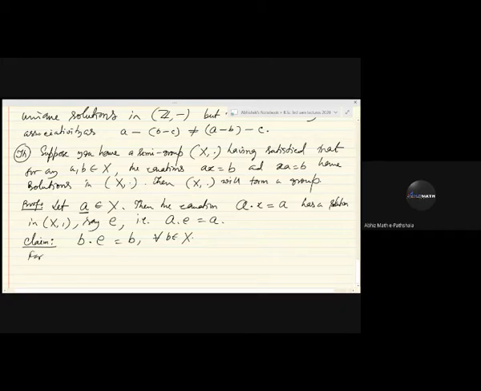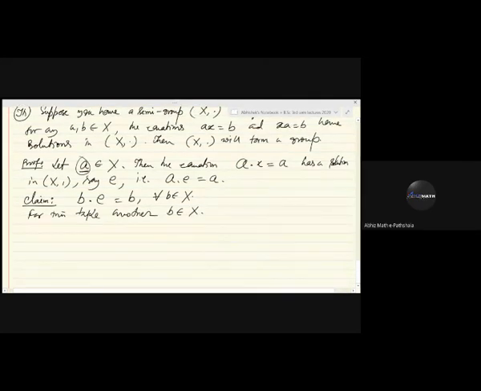So for this, take another element B belongs to X. And you have already chosen one A, and also you have chosen another B. So you have now two elements A and B. And then that equation, that is X A equal to B, has a solution in X. Suppose it is X naught, that is X naught dot A equal to B.